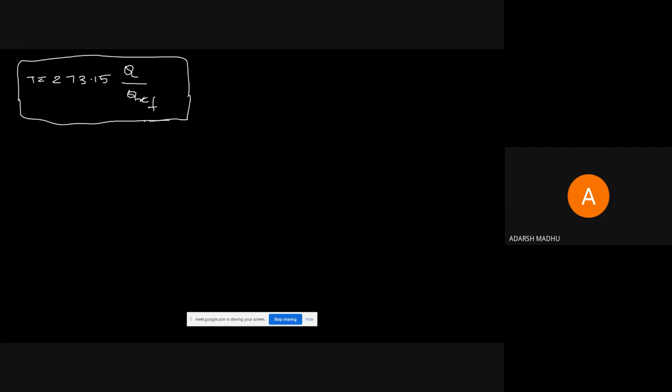So we can find T as T equal to T reference into Q by Q reference, and that T reference value we take from the triple point of water, that is 273.15 Kelvin. We are simply taking 273 only.